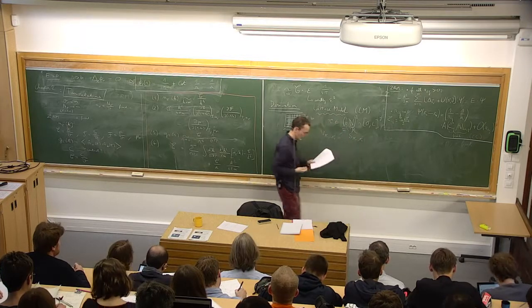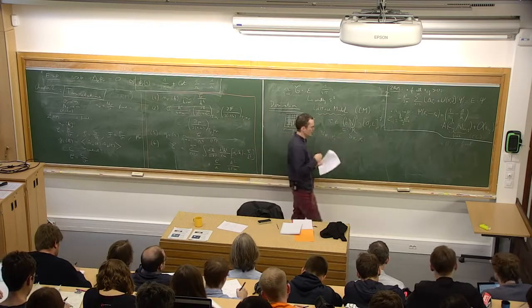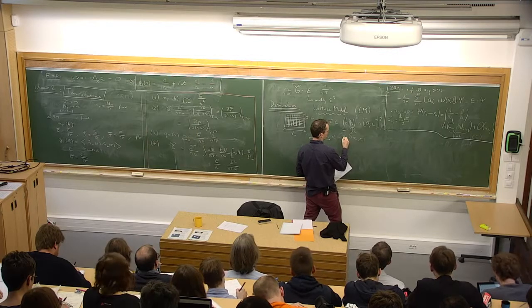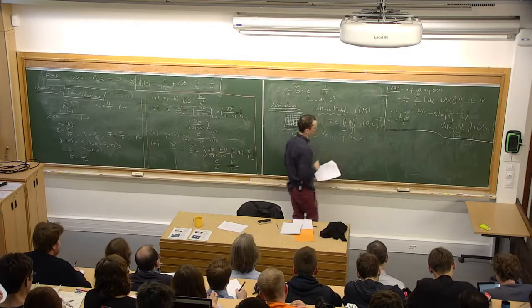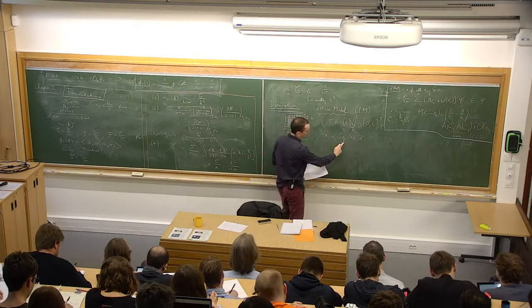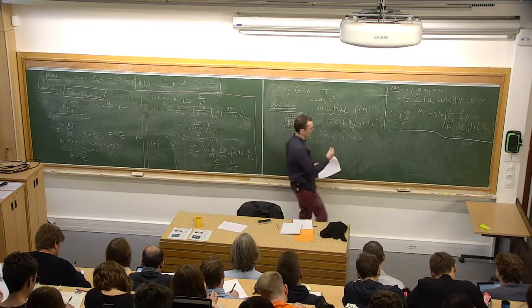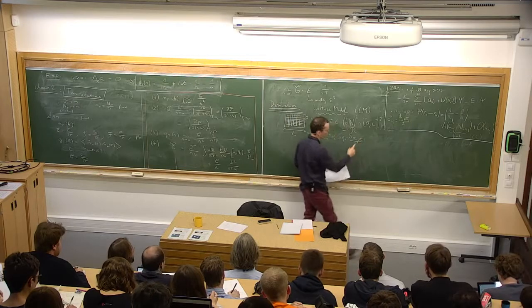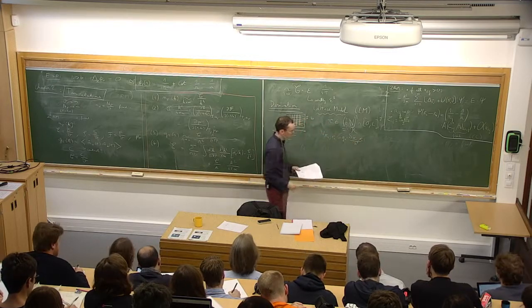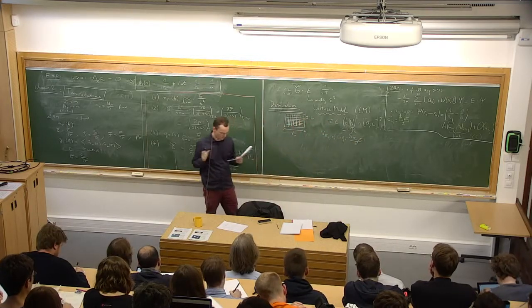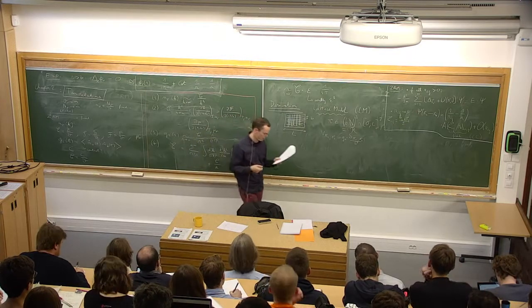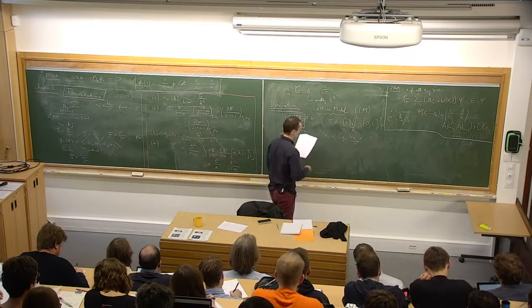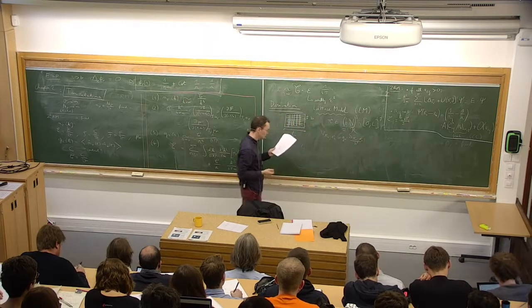So the particles interact if they are on the same site. Of course, we need to put here some prefactor that I will call G0. It will also be convenient to divide this by B cubed, so that this Kronecker delta divided by B cubed is a sort of discretized Dirac delta. But this is just a matter of convention, of course.